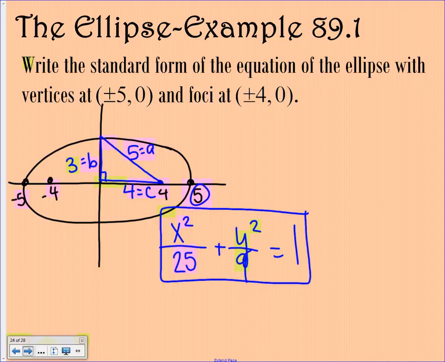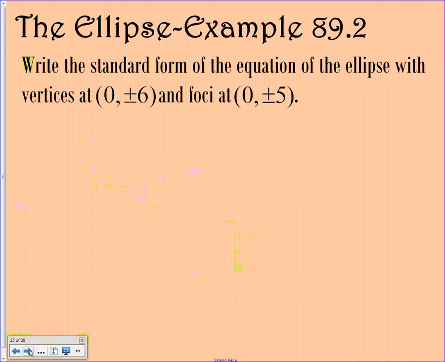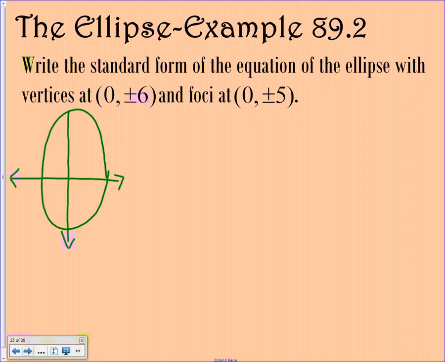Let's look at another example. We want to write the standard form with the vertices at 0, ±6 and the foci at 0, ±5. So in order to do that, we're going to start off by drawing it with a picture. Since it's at ±6 for the y value, that means that it is a vertical ellipse.